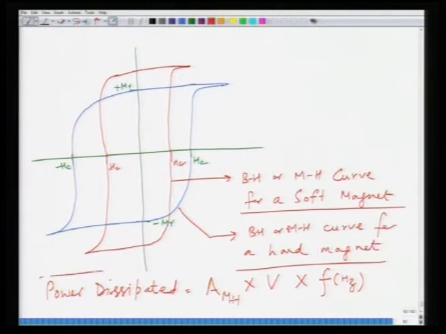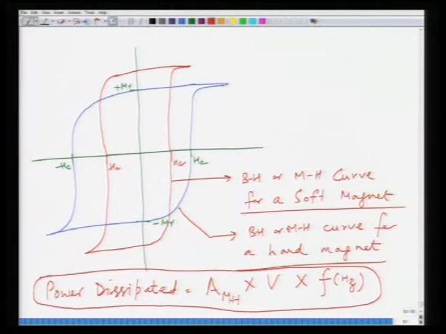This gives you the power dissipated inside a ferromagnetic material, and naturally, the larger the power dissipated, you would tend to think that the material is a hard magnet. Soft ferromagnets have a smaller power dissipation as compared to hard ferromagnets.